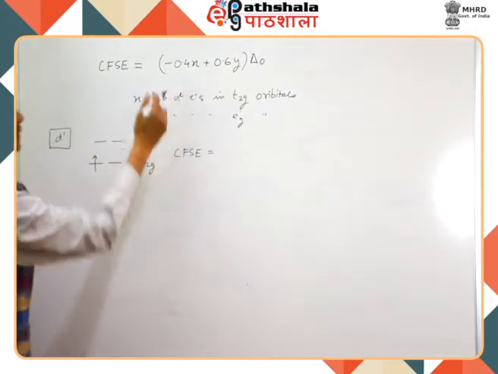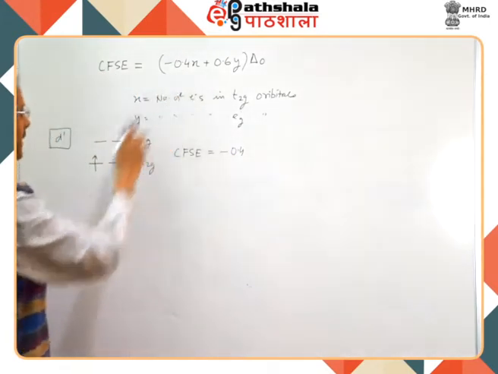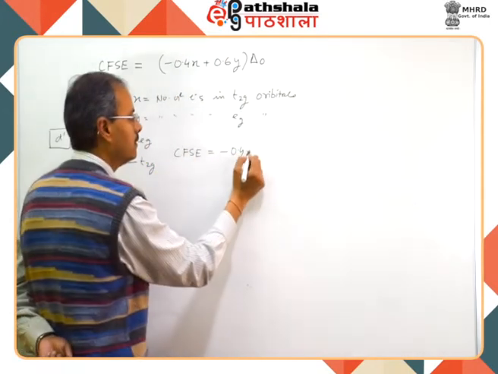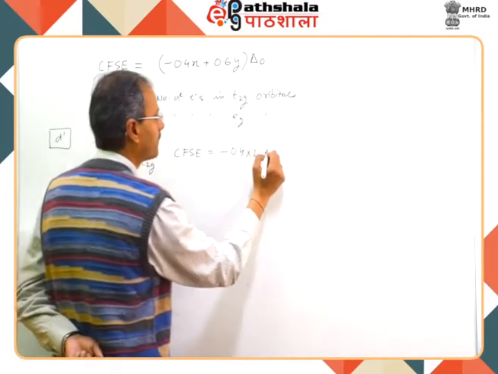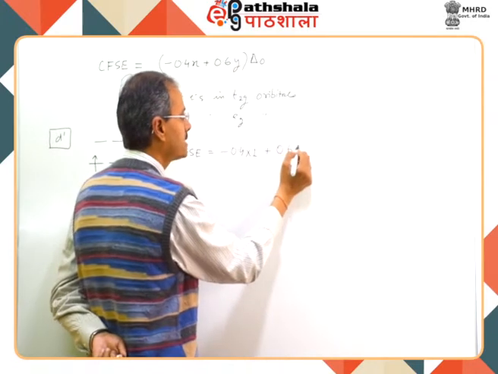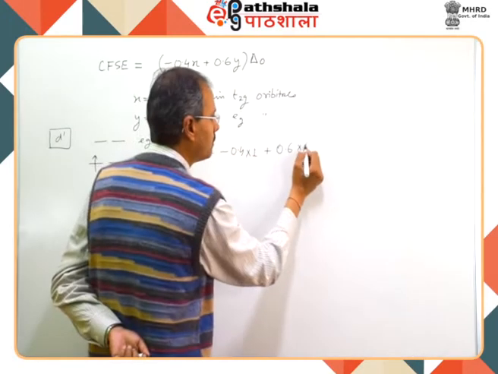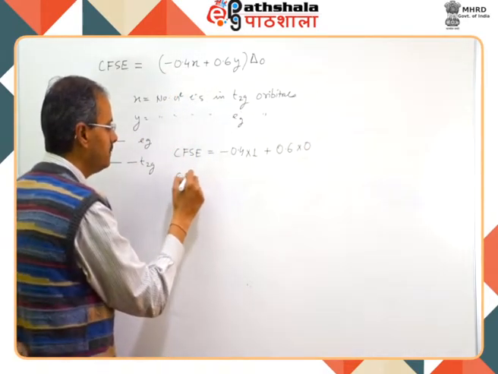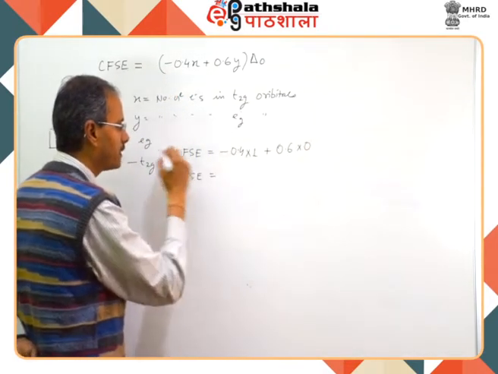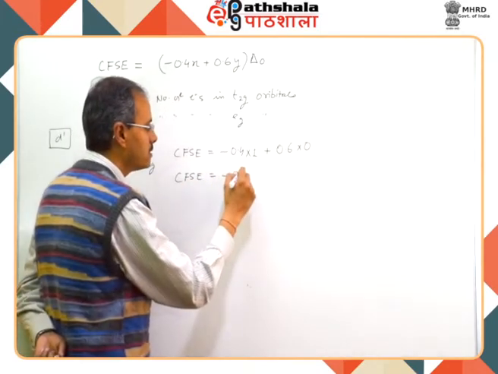CFSE is going to be minus 0.4, x is 1, so multiplied by 1, plus 0.6, as there are no y electrons, this is 0. So the CFSE for the D1 electronic configuration is going to be minus 0.4.